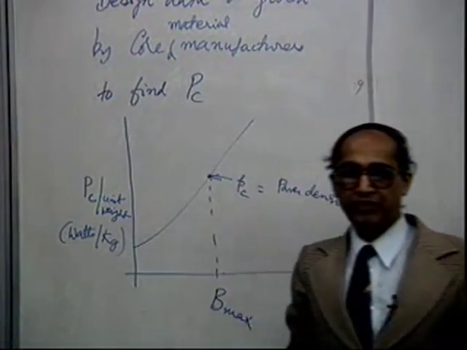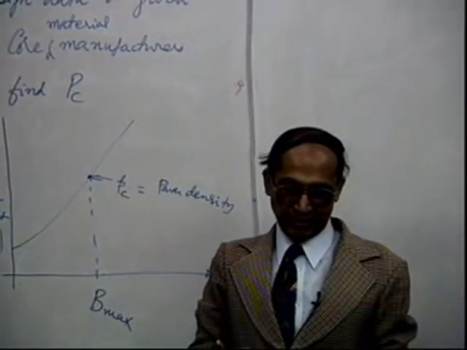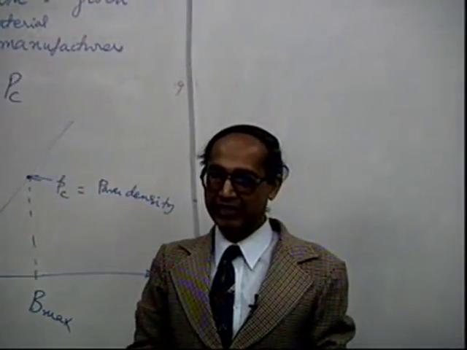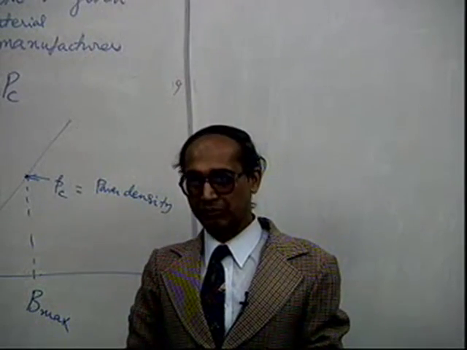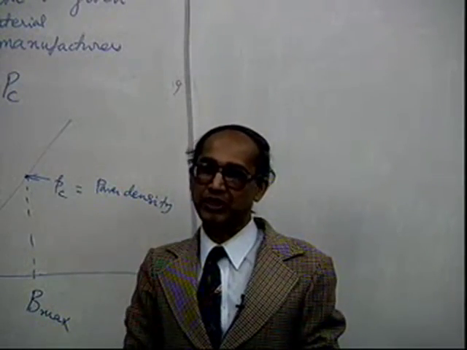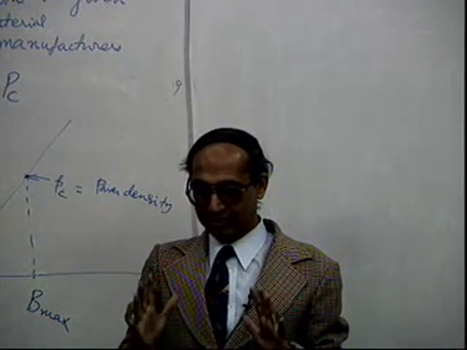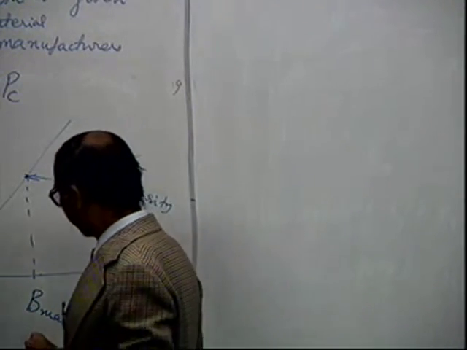So we have seen that in AC magnetization, the magnetizing current drawn depends upon the flux, which in turn depends upon the voltage. Second, we know hysteresis loss, and third, we know about the eddy current loss. So these are what happens in AC magnetization. There is one more phenomenon which happens.